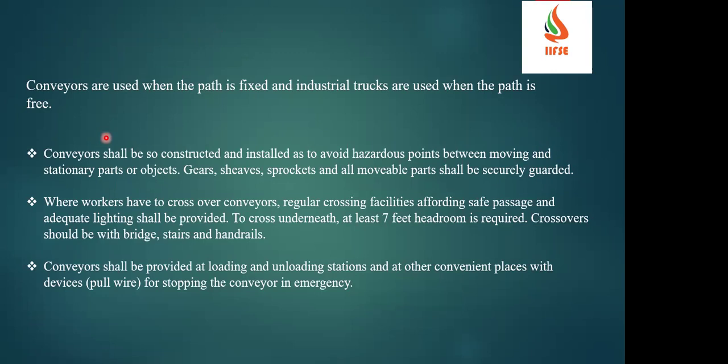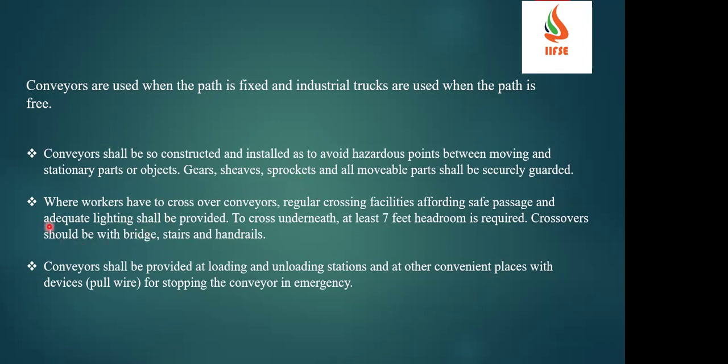Conveyors shall be constructed and installed so as to avoid hazardous points between moving and stationary parts or objects. The gears, sheaves, sprockets, and all moving parts shall be securely guarded. All the sheaves, gears, sprockets, and also couplers, those kinds of moving parts, must be securely guarded.